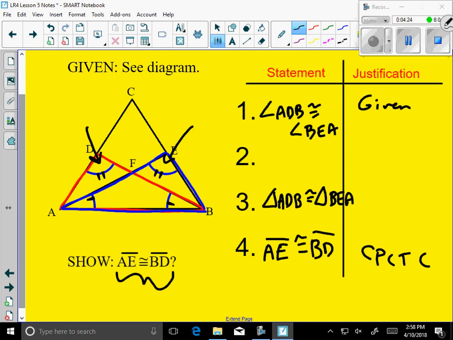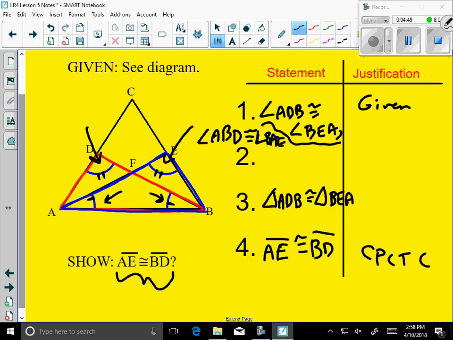I also know that this angle right here, angle ABD, is congruent to this angle right here, which is angle BAE. So let's separate those two, but they're both given.